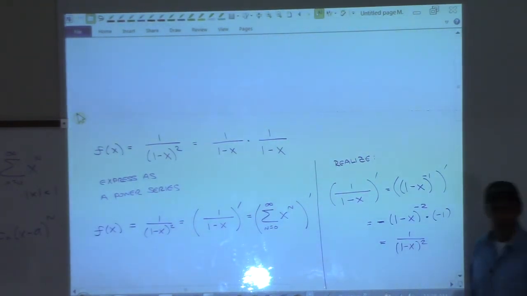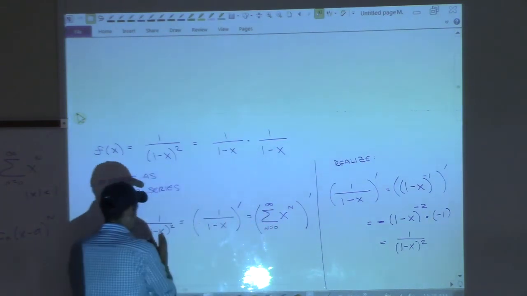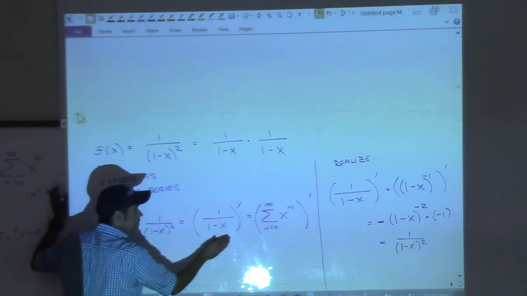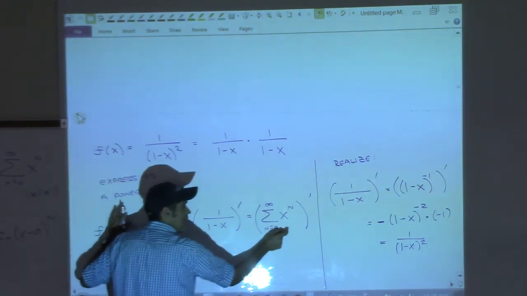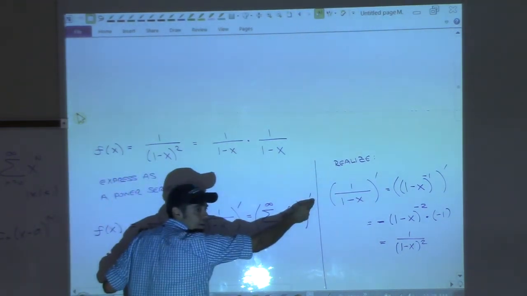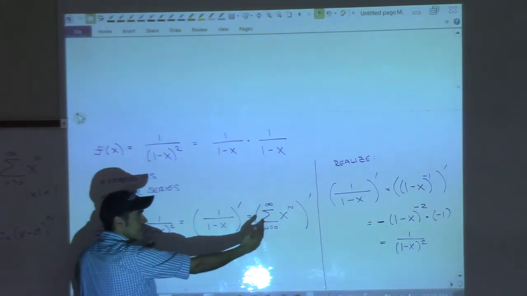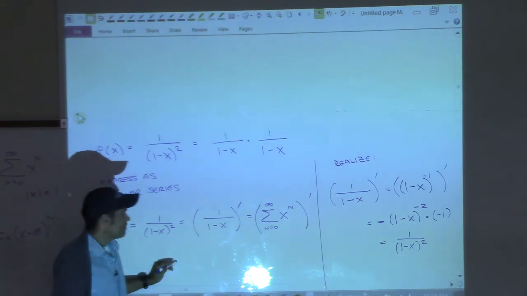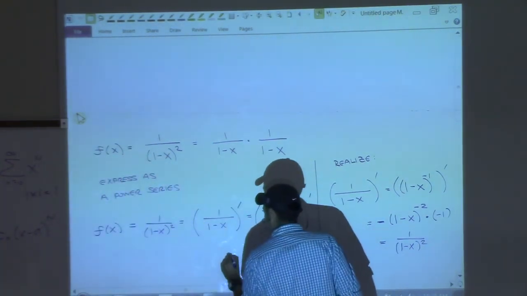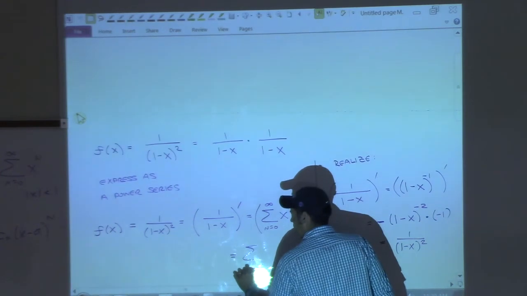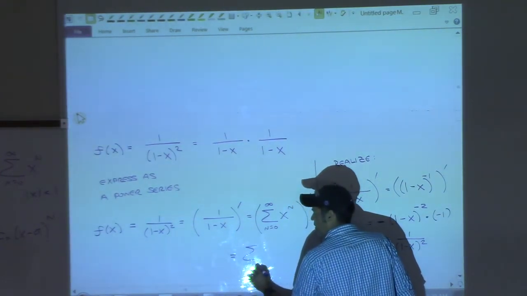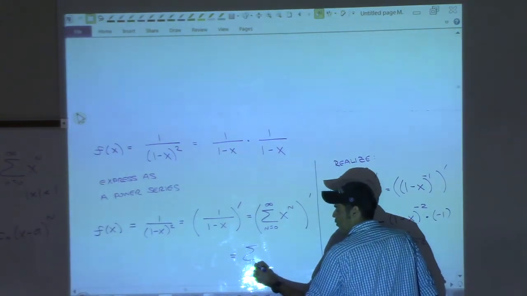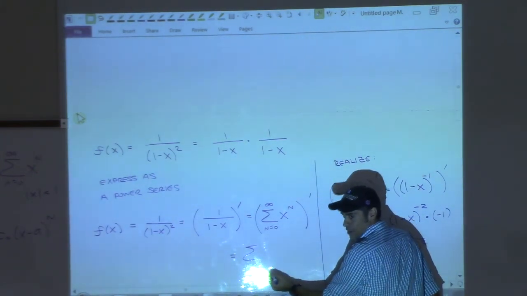This is very, very important. The original function, we realized that it's the derivative of that thing that we like, which is actually rewritten as a power series, but we still need to take its derivative, don't we, for this to match? So what is the derivative of this power series? We differentiate it, right?